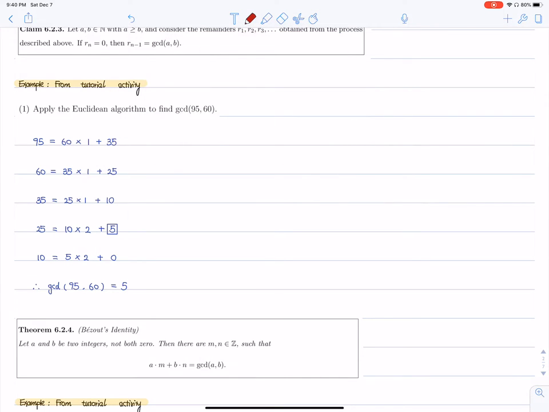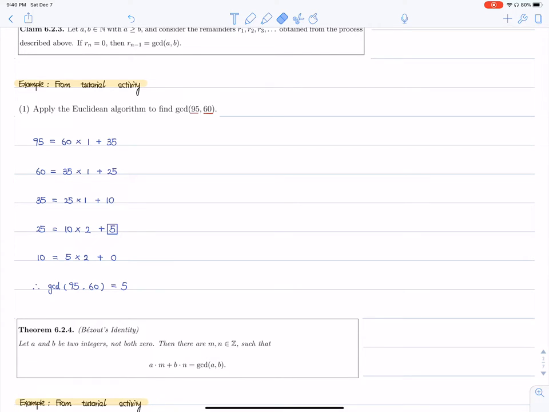So we have 95 and 60. 95 is definitely bigger than 60, so we use the bigger number, divide by the smaller number. So we have 95 divided by 60, we get 95 equals 60 times 1 plus 35.